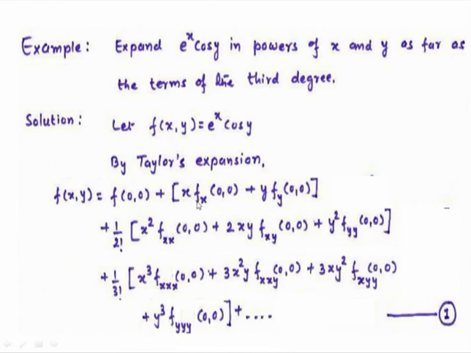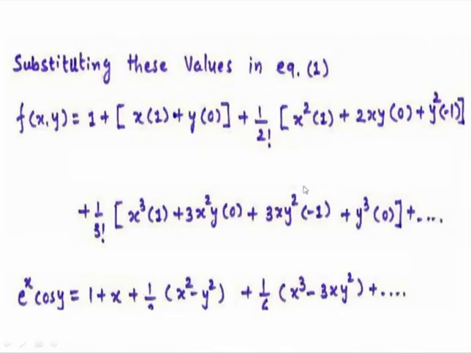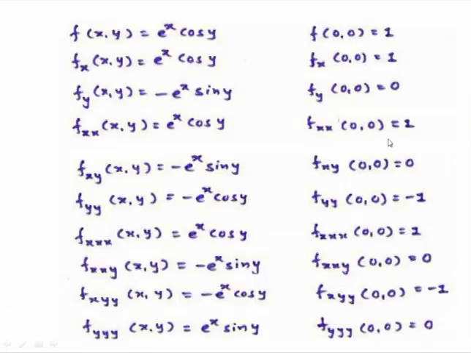Then y fy at (0, 0) is 0, this is 0, and then plus 1 upon 2 factorial, x square into fxx at (0, 0) is 1, plus 2xy into fxy at (0, 0) is 0, plus y square into fyy is minus 1. Let me show you fyy, where is it? This. So it is minus 1, right? Fine.